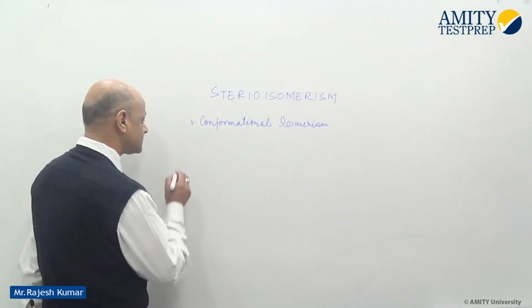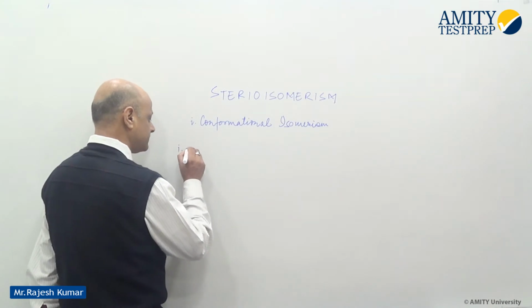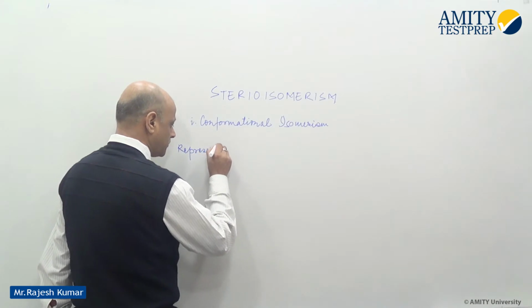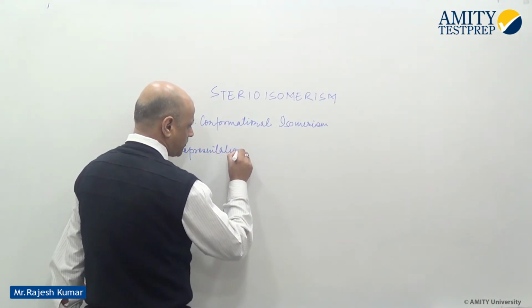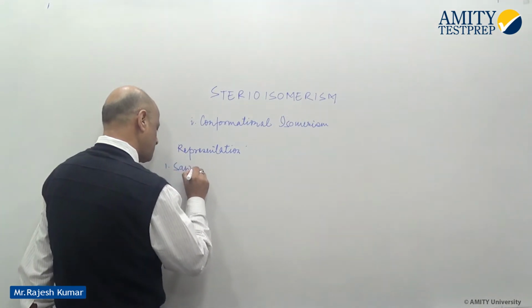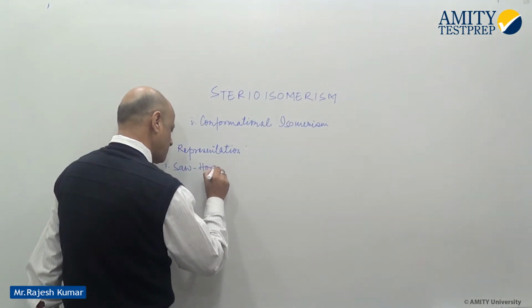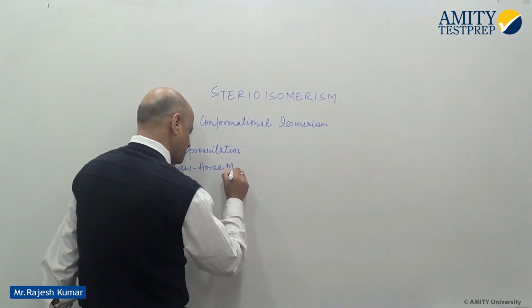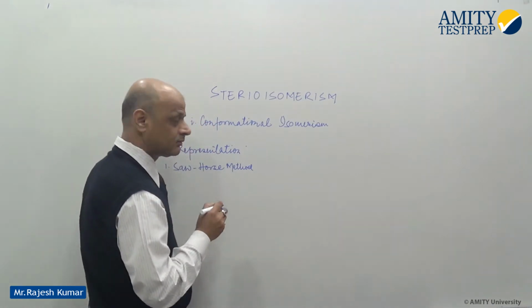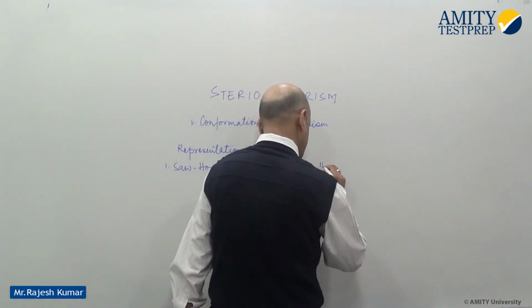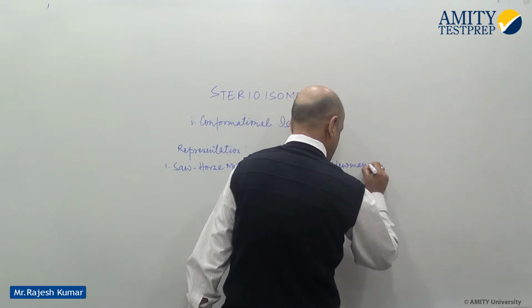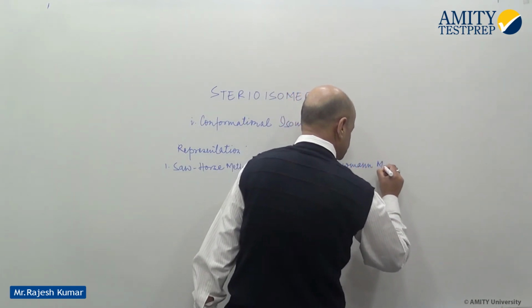One is called the Sawhorse method. Another is the Newman method.